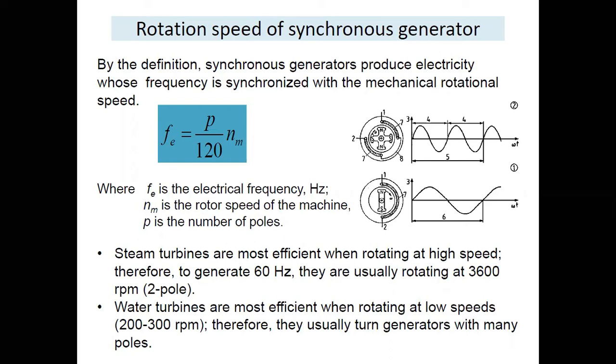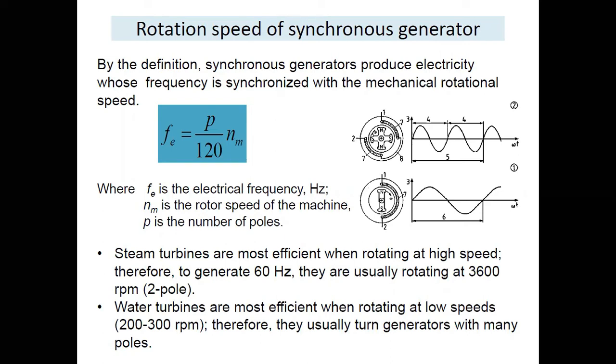That is, F is the electrical frequency in hertz, Nm is the rotor speed of the machine, and P is the number of poles. A more convenient form of this formula is 120 F by P, which is the formula for the synchronous speed of the alternator.